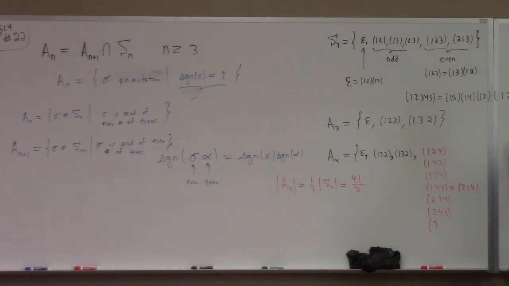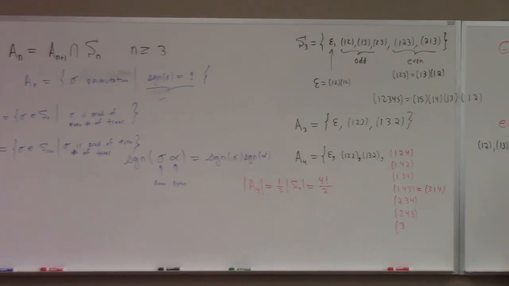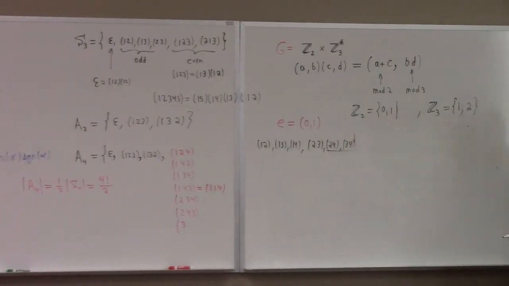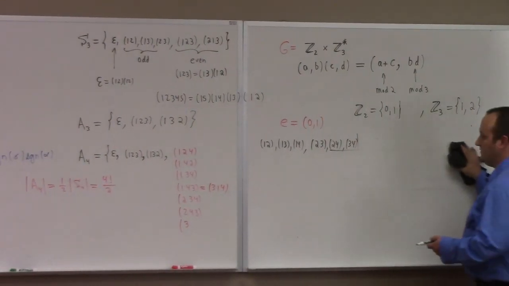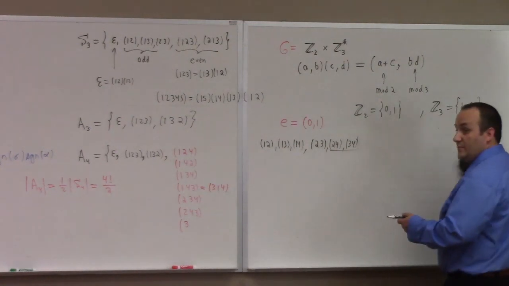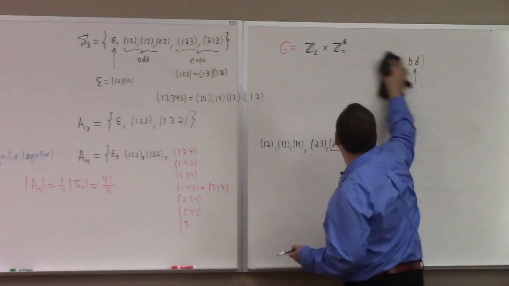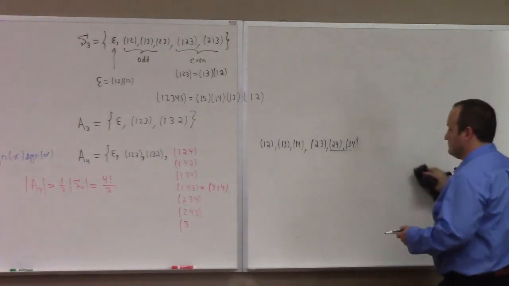We've got (1 2), (1 3), (1 4), (2 3), (2 4), and (3 4), right? That's all the possible ways to take two distinct elements from the numbers 1 through 4. Am I right?